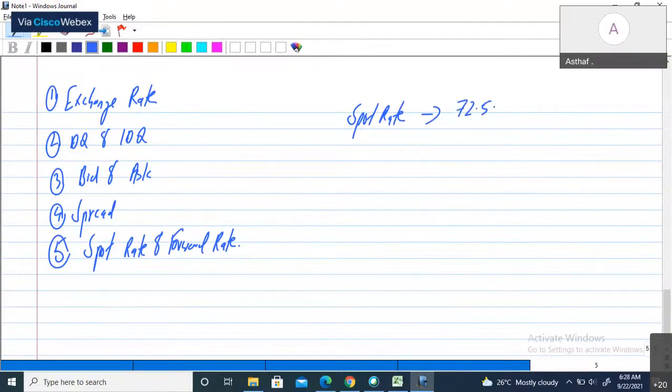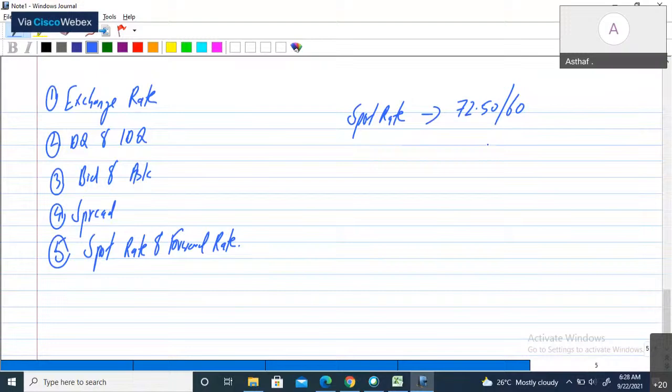Let's say 72.5 bar 60. This is very important, you should understand. In this quote there is both bid and ask.